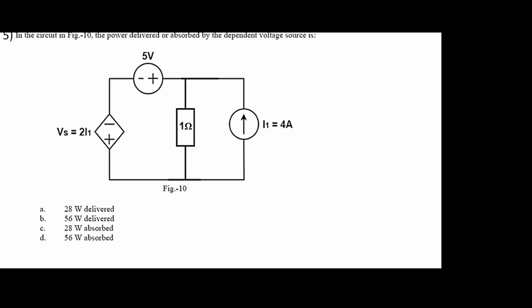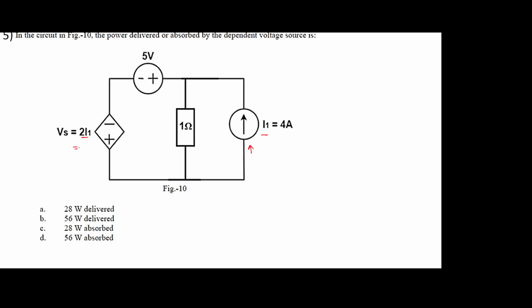In this particular question, a circuit is given and you have to calculate how much power is delivered or absorbed on this dependent voltage source. Dependent voltage source means this particular source depends on a certain parameter in some other branch. In this case, it depends on I1, which is the current in this particular branch.